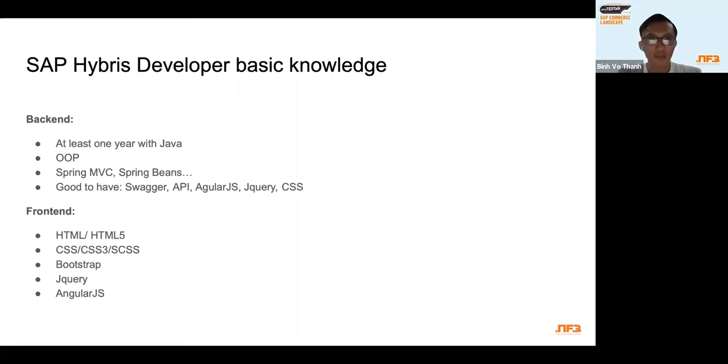So how do you become an SAP Hybris developer? As I said before, Hybris is based on Java and Spring, so you have to have some experience with Java, OOP definitions, Spring MVC, and Spring Beans. It is good to have others like Swagger, API, Angular, jQuery, or CSS.